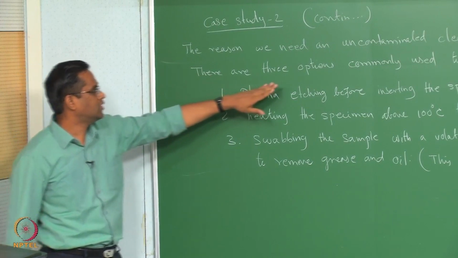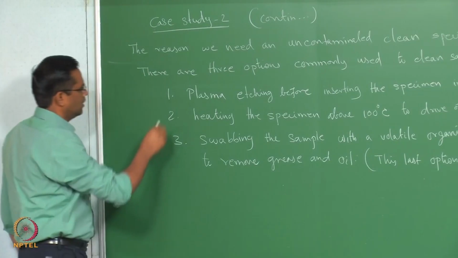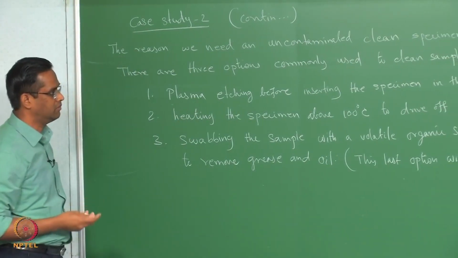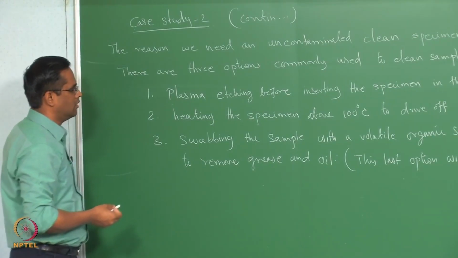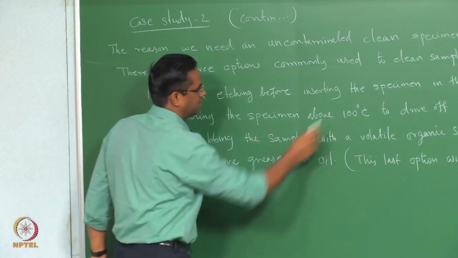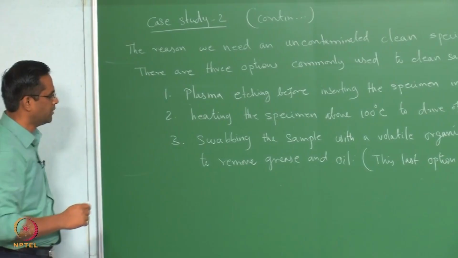There are three options commonly used to clean samples. The first one is plasma etching before inserting the specimen in the SEM. The second option would be heating the specimen above 100 degrees centigrade to drive off absorbed gases and water.